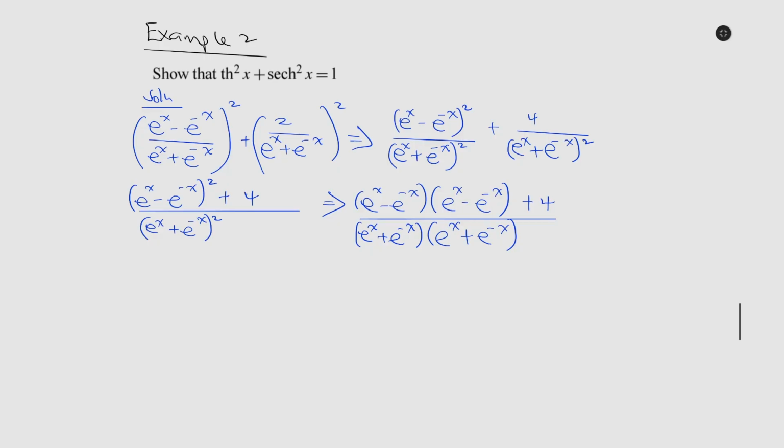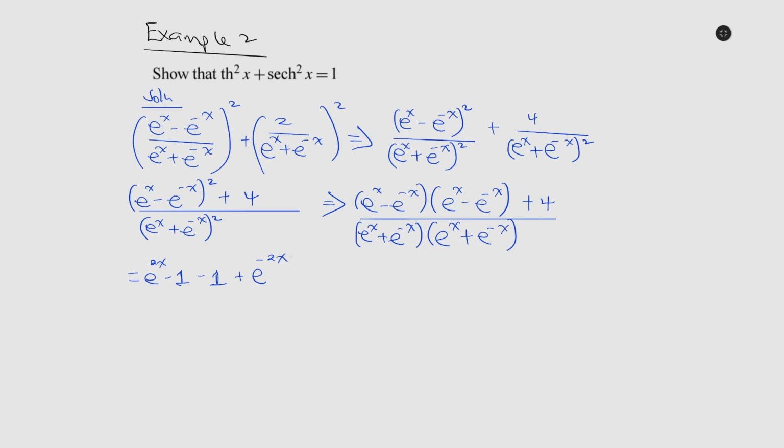There's our example 2. So I know that e^x times e^x will give me e^(2x), and then e^x times negative e^(-x) will give me 1. I already know from example 1 that it will be minus 1. And then this here times this here will also give me minus 1 from example 1, and plus e^(-2x). All that we can find from example 1.